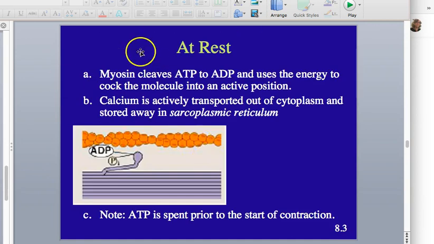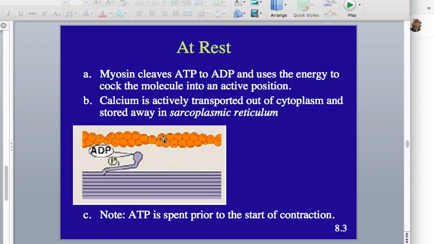When it's at rest, once all of this has been covered up so that myosin can't touch it anymore, there's still a little bit of ATP present to cock all the myosin back so it's ready to go. It's a lot easier when you're at rest to put in the energy and be waiting, because basically your body's always worried you're about to get eaten by a lion or something horrible is going to happen, and you have to be able to use your muscles at a moment's notice.